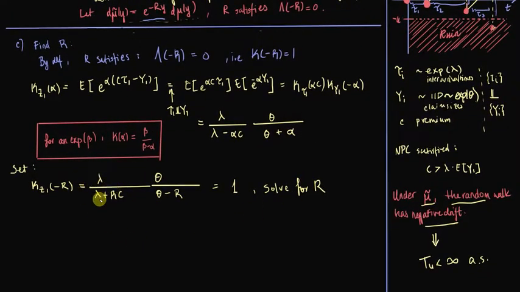After you've been solving for a bit, you should arrive at the fact that 0 is equal to cr plus lambda minus theta c, which will then imply that r is equal to theta minus lambda divided by c. And also note that very conveniently, due to the net profit condition, which tells us that c is greater than lambda over theta, this thing here is also greater than 0.